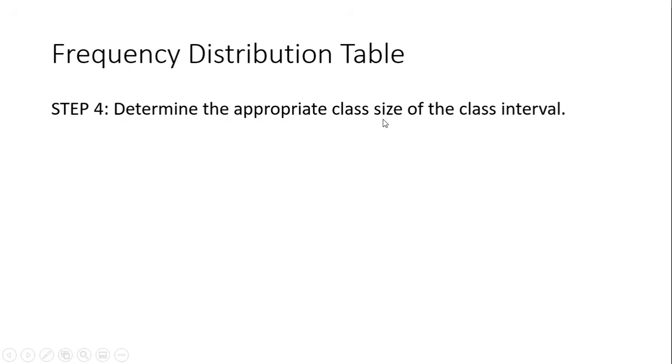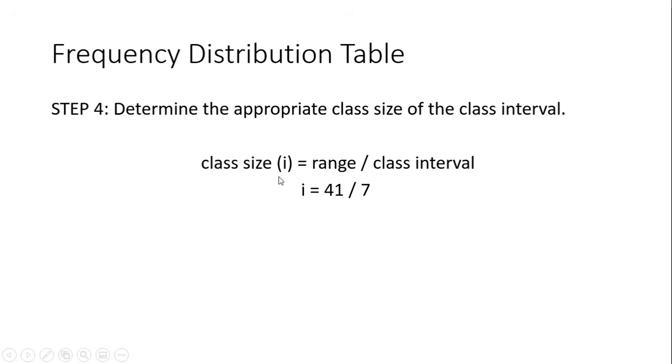In terms of computing for our class size, as presented a while back, we'll be needing the data from steps 2 and 3, in which we need your range from the second step and then the class interval from the third step. Class size is represented by I. So if we compute for our class size, we have 41, that's our range coming from step 2, and then we have the desired class interval, which is 7.